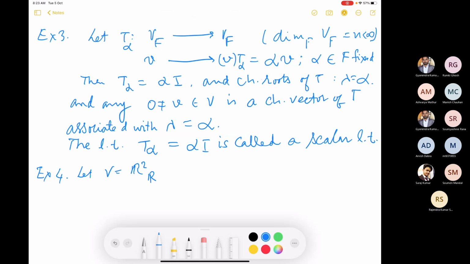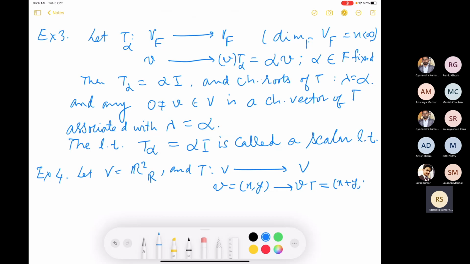And let the map be defined, T from V to V. So V is R2 over R, and therefore you can take (x, y) into Vt, and define this Vt to be, say for example, (x plus y, y).